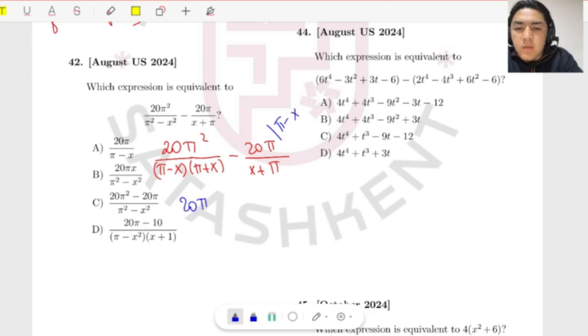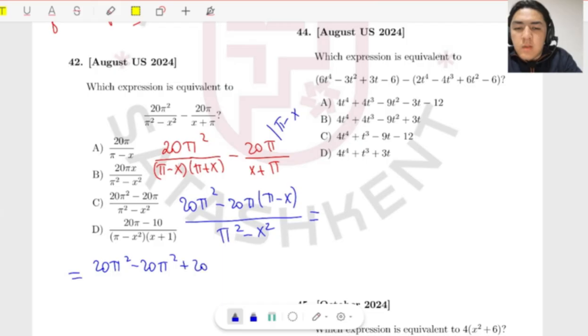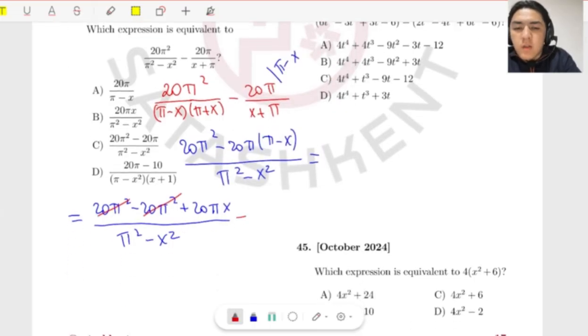Then 20 pi squared minus 20 pi minus x over pi squared minus x squared. And then if I open the brackets, I will be left with pi squared minus x squared. They will be simplified, and I will be left with only 20 pi x over pi squared minus x squared. And this is in option B.